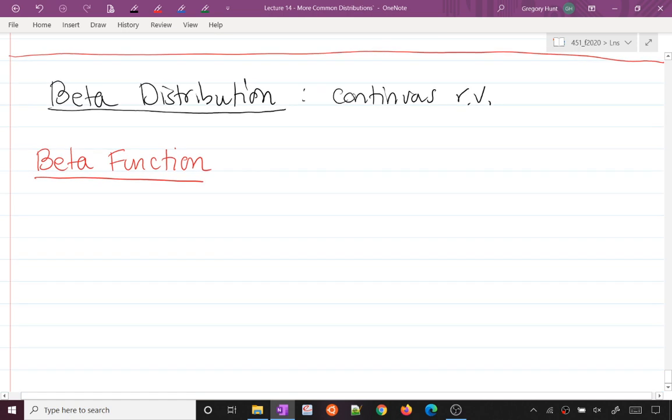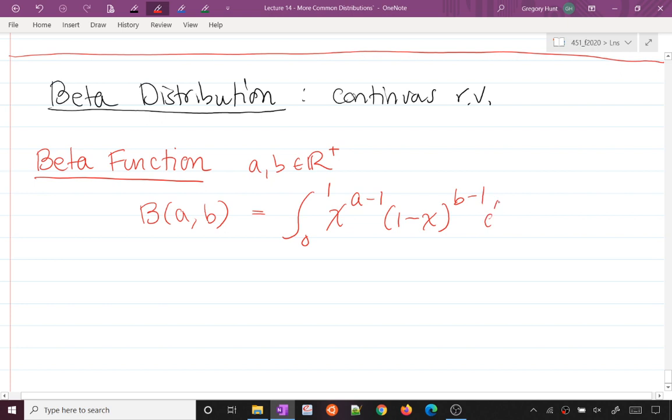And the beta function is a function of two real numbers. So a and b, let's say, are positive real numbers. Beta of a, b is the integral from 0 to 1 of x to the a minus 1, times 1 minus x to the b minus 1. Okay, so that's one way of defining the beta function.